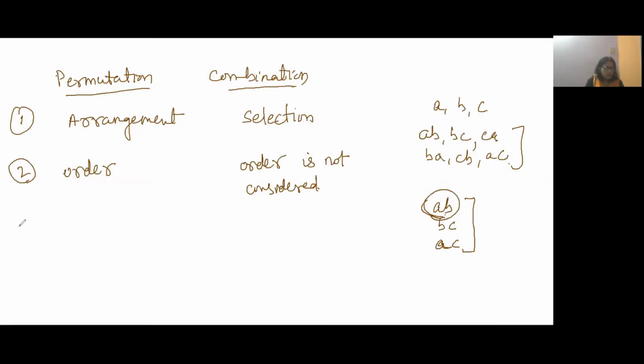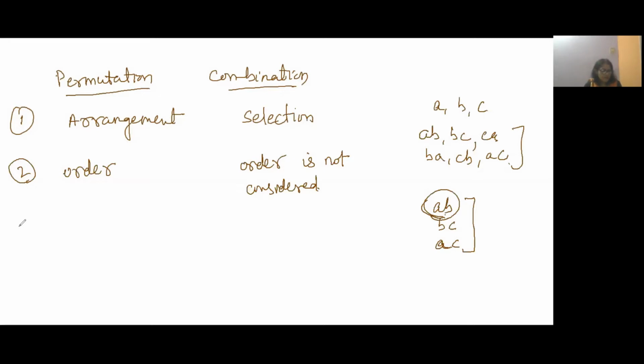In combination, the ordering of the selected objects is immaterial. Even if you select the objects, order is not considered. But in permutation, ordering is essential, because AB and BA are two different arrangements.